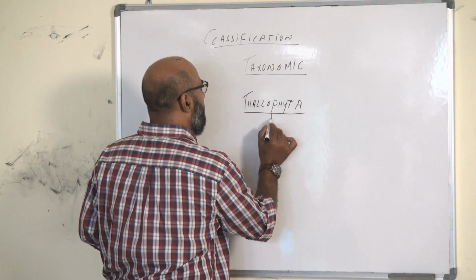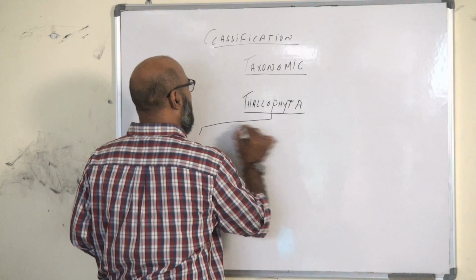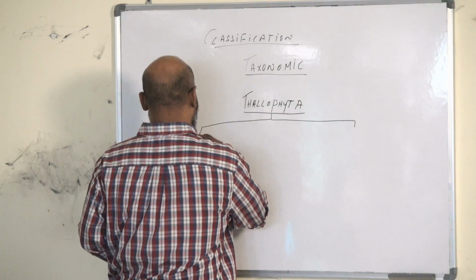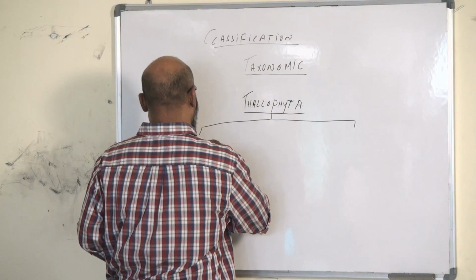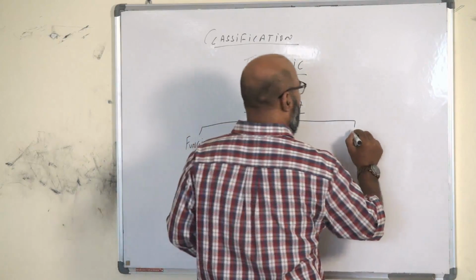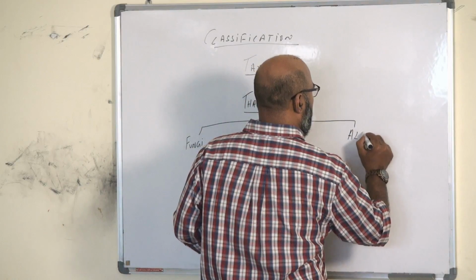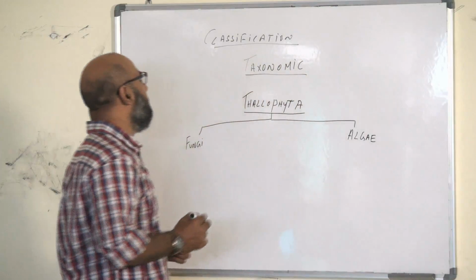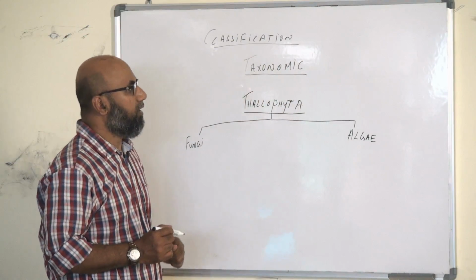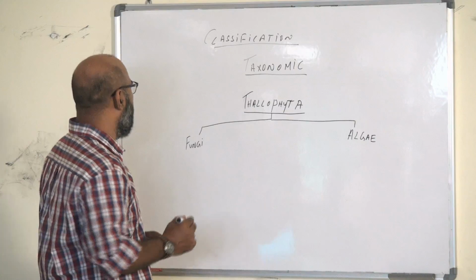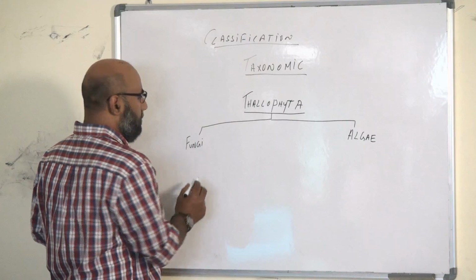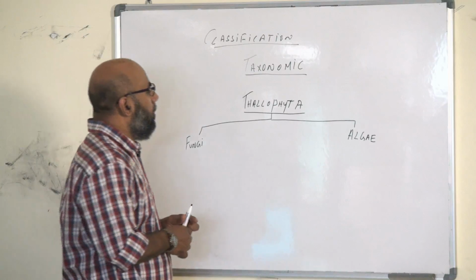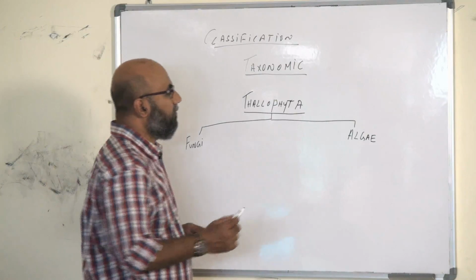Now, this Thallophyta has two families, which are the fungi and the algae. These are the two families that the Thallophyta is divided into: fungi and algae. Now, what is the difference between the fungi and the algae?